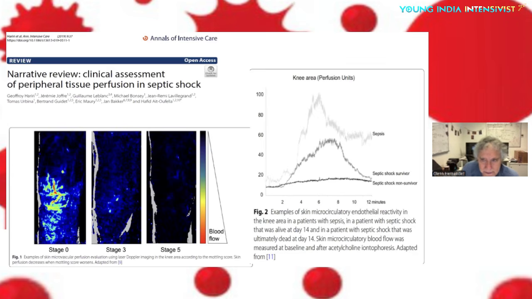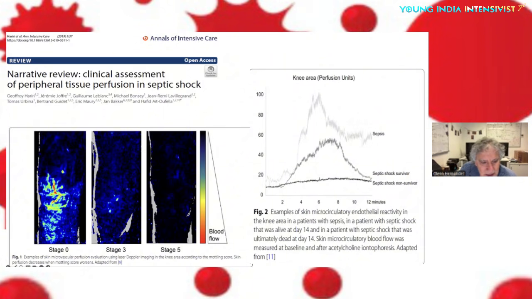And here is also in perfusion units, at the knee side, where using iontophoresis with acetylcholine, Hafid showed that there was a very nice perfusion in patients with sepsis without shock, worse in patients with septic shock survivors, and very low perfusion units in the knee in septic shock non-survivors.